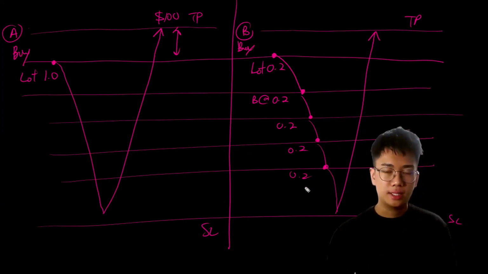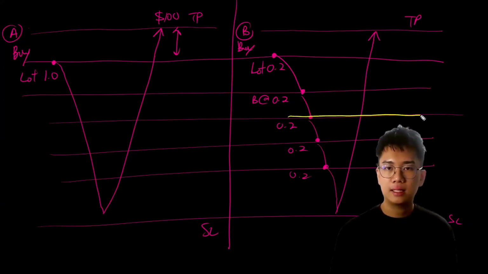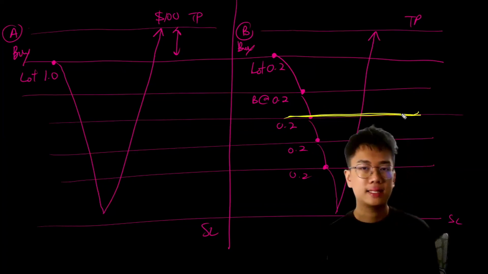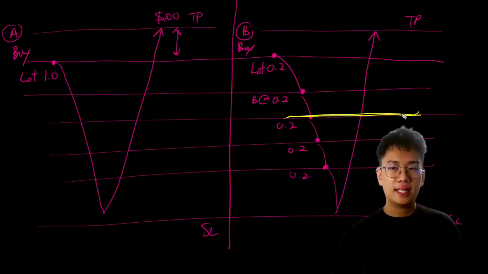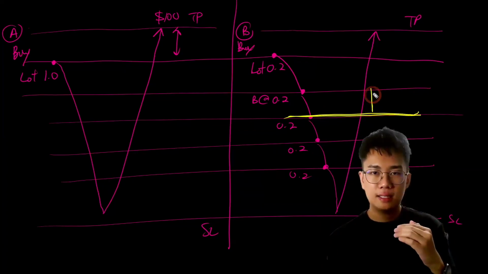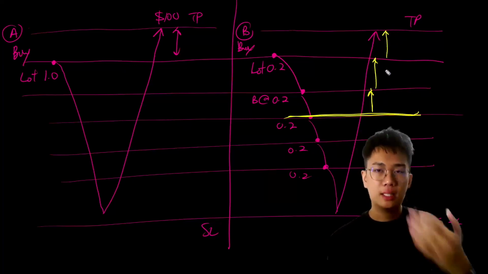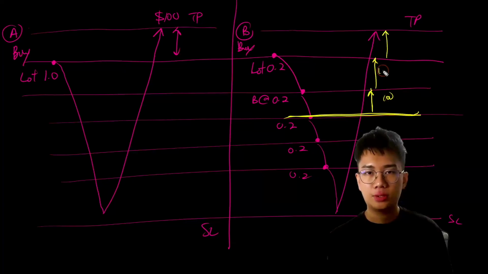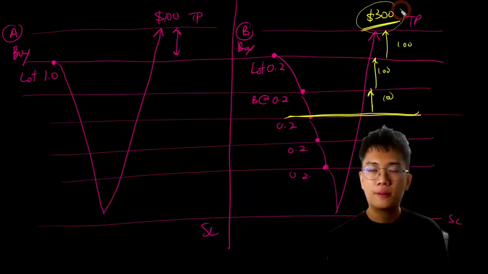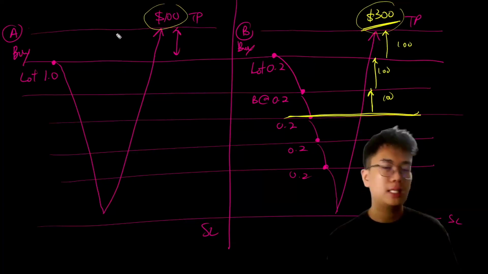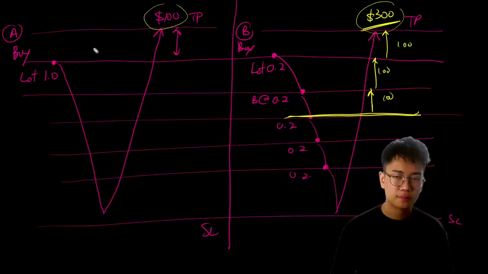So when you do these actions, your buy is actually at the center. So when you buy at the center, your profit is here, here, and here. So in total, it becomes 100 plus 100 plus 100, $300 profit. See this? I got more profit compared to A just because I have done these actions.